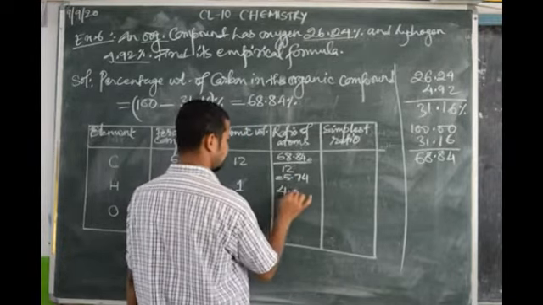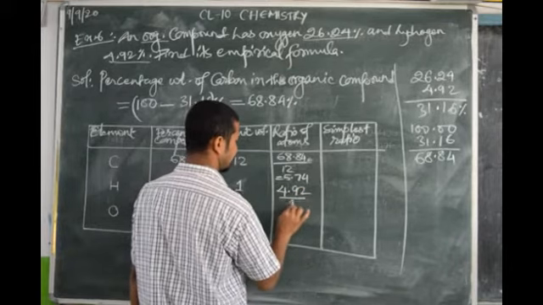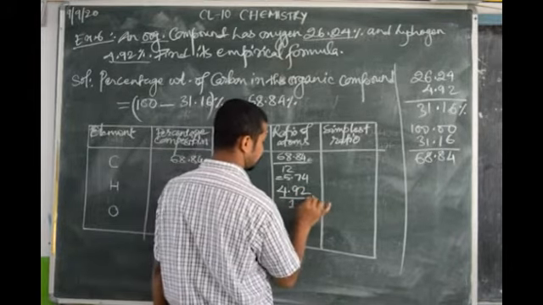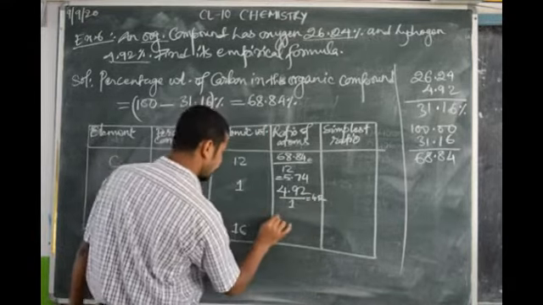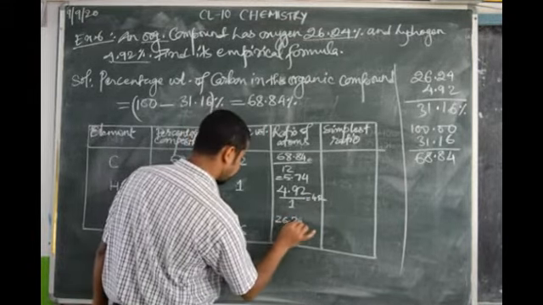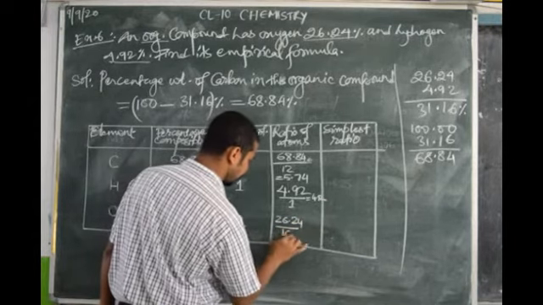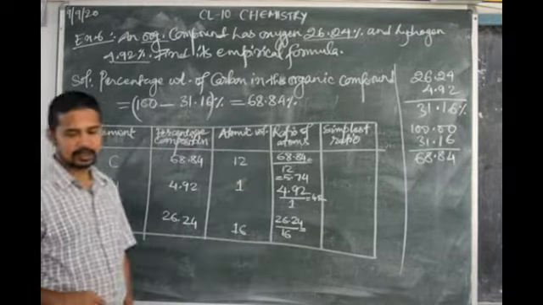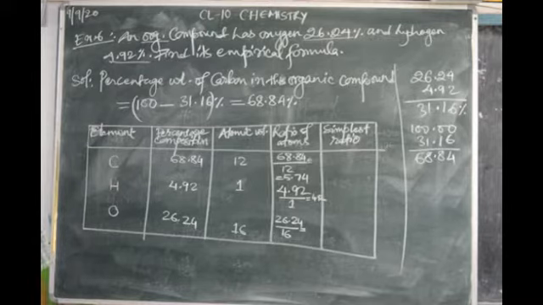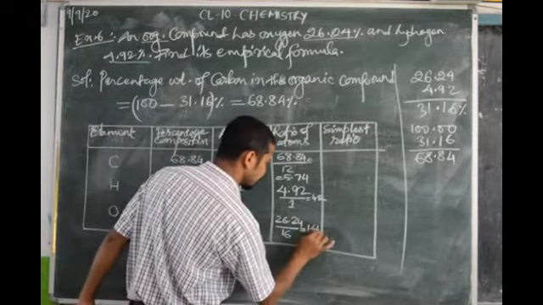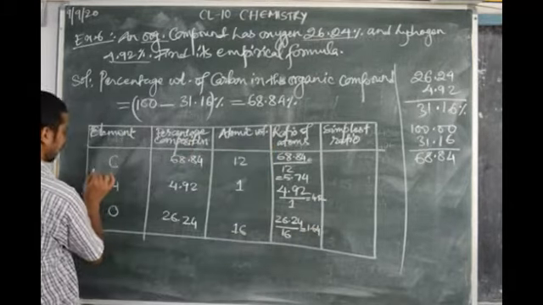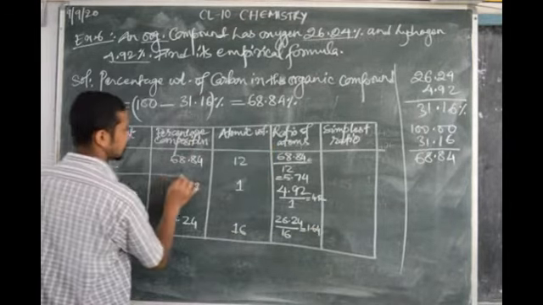Then 4.92 divided by 1, you will be getting the same, 4.92. And then 26.24 divided by 16. How much will you be getting? Yes, 1.64.